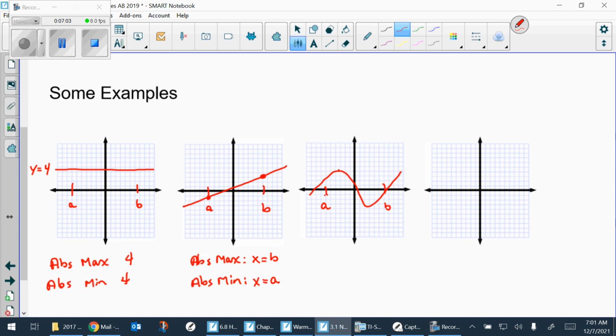See, this place right here, this is the top of a hill. And the top of a hill inside of the interval gives us a local, this is a local max. And the bottom of a hill inside of the interval, this is a local min.